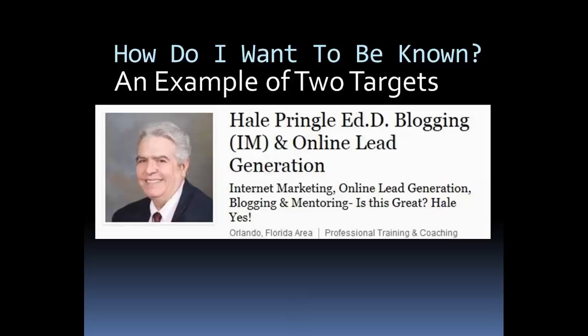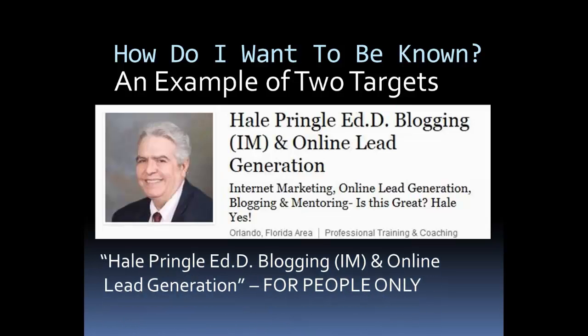Now let me show you an example of going for both targets. Where it says Hale Pringle, EDD, blogging, internet marketing, and online lead generation, I've actually hijacked the first and last name fields. So the computer, other than the Hale Pringle part, that's not going to apply in the search algorithm to get me ranked for the word blogging or online lead generation.